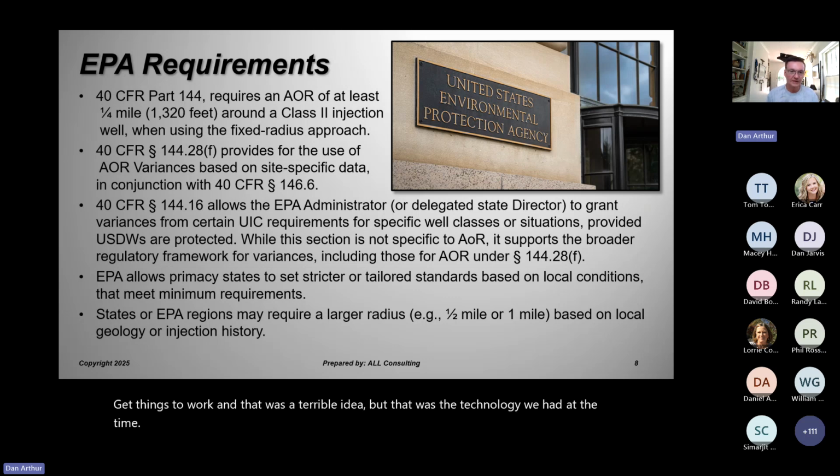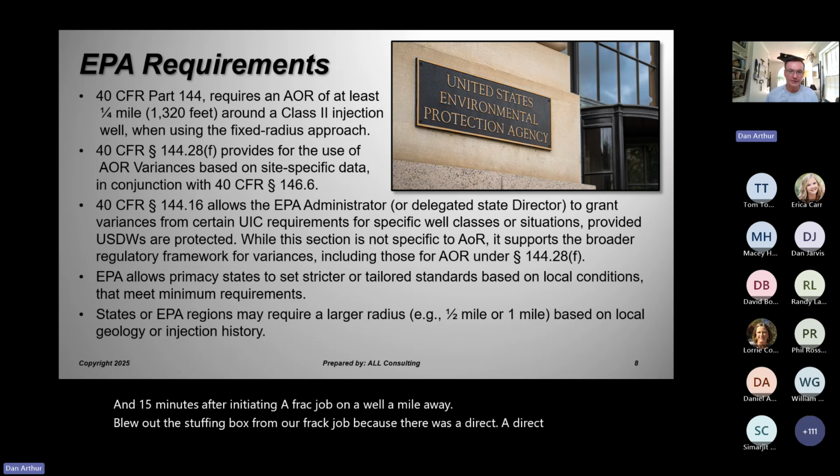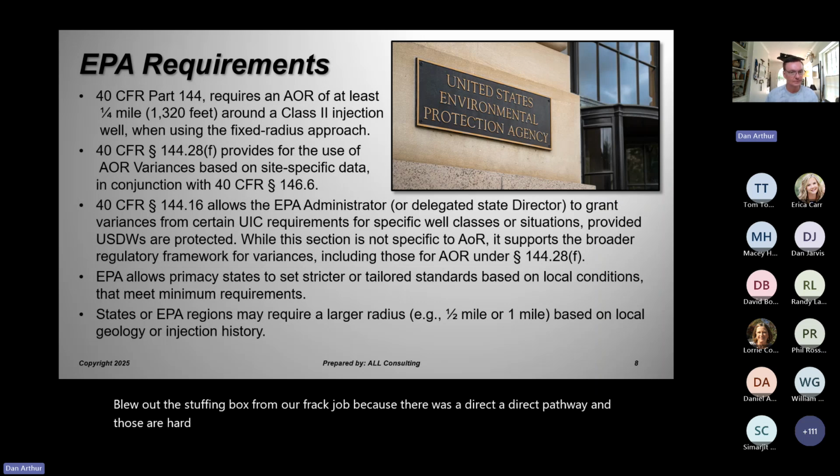And 15 minutes after initiating a frac job on a well, a well a mile away blew out the stuffing box from our frac job because there was a direct pathway. Those are hard to find, but having that information also suggests the significance of monitoring and so forth.